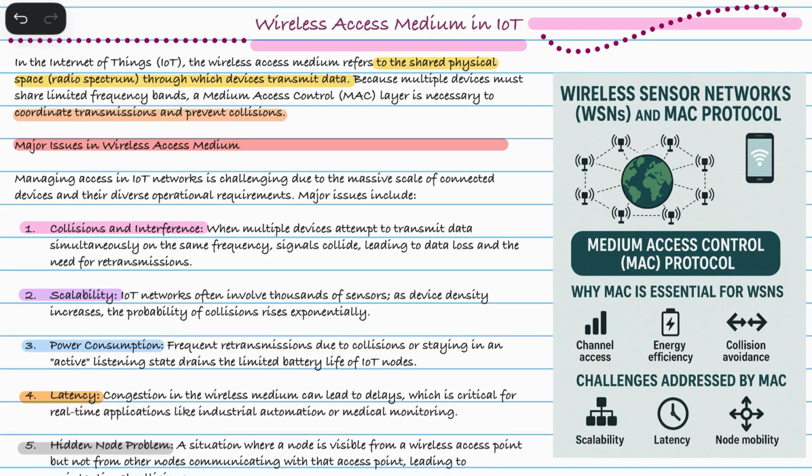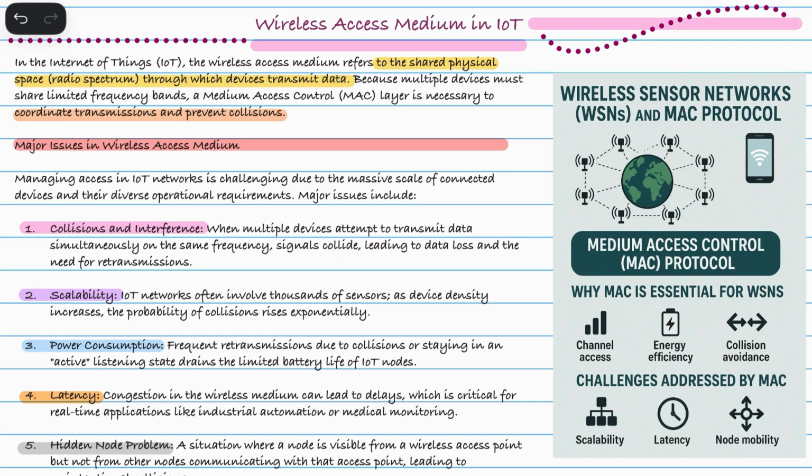When the collision occurs, the data is completely scrambled and corrupted. So to prevent this, we rely on the MAC layer, medium access control layer. Think of a MAC layer as a traffic cop or a meeting moderator whose sole job is to coordinate the transmission so that the devices can share the airways without running into each other.